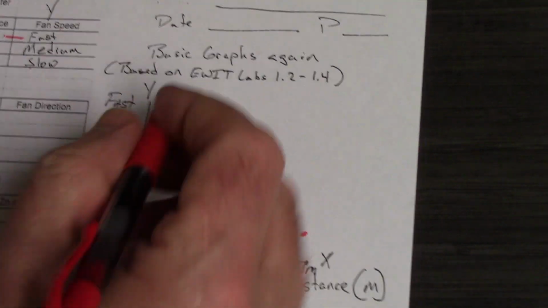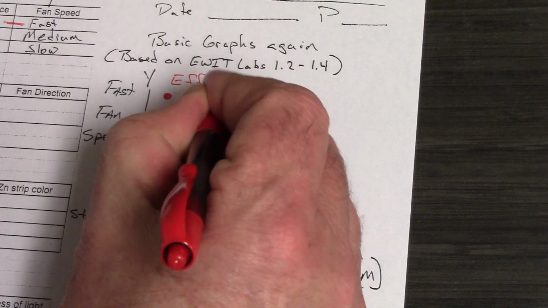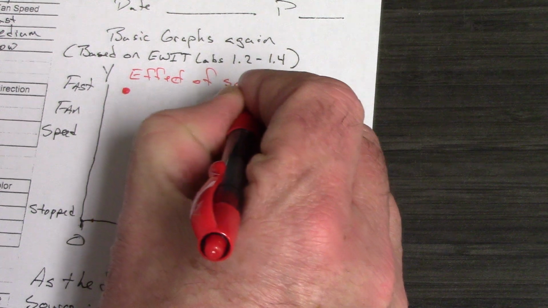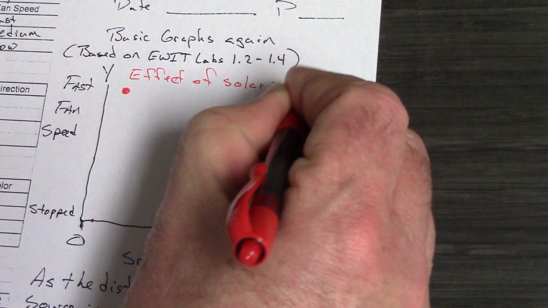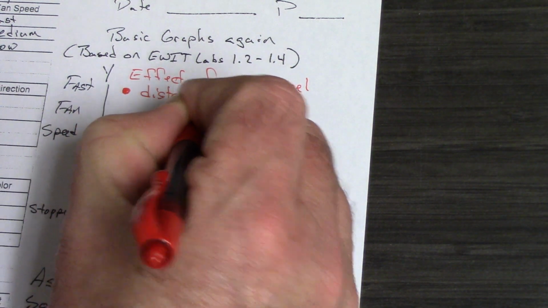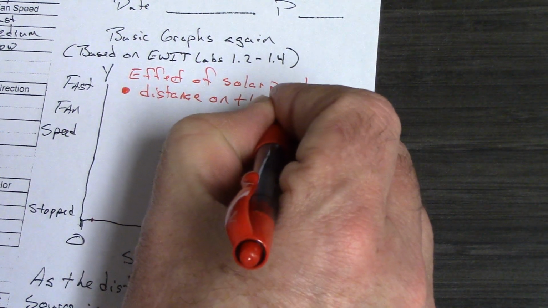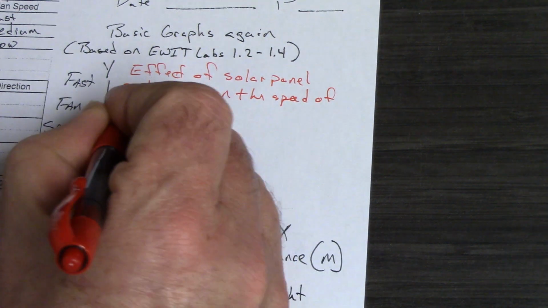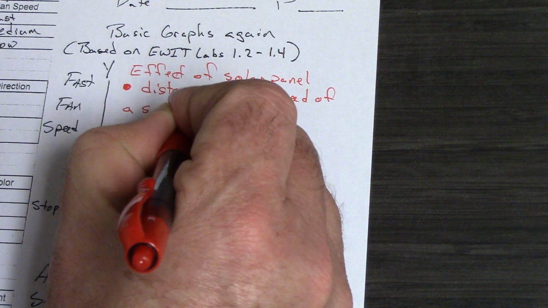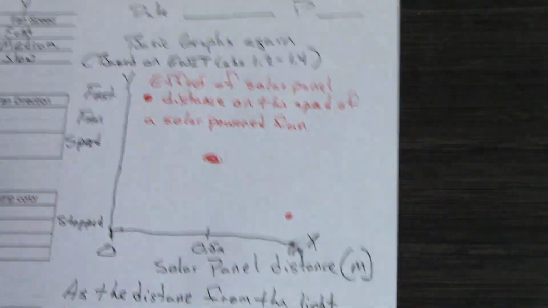And a good title for this one, a useful title for this would be Effect of Solar Panel Distance on the Speed of a Solar Powered Fan.